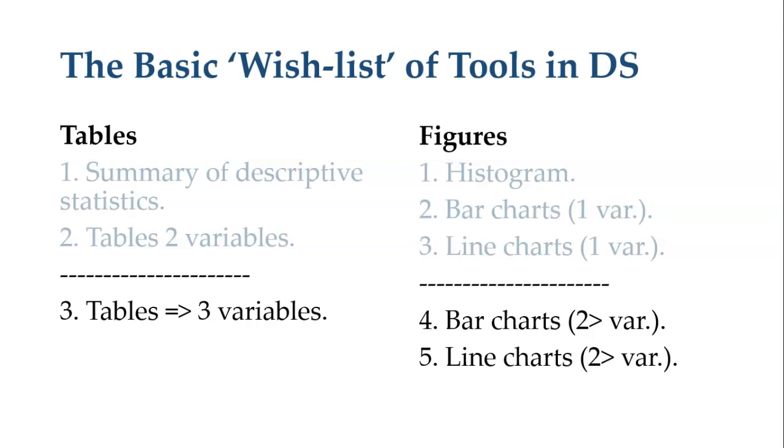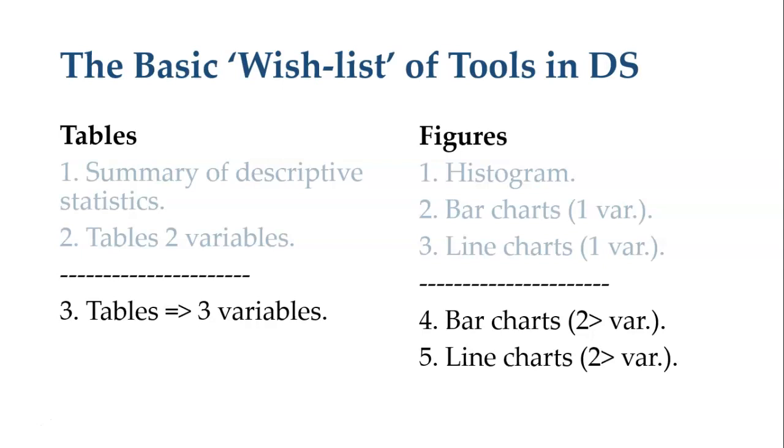And this week we're going to learn how to prepare tables with 3 variables. Remember that 3 variables is the basic structure of analysis that we need to have. We need to control for a third variable, and we need to have our independent and dependent variable. That's what we're going to learn this week.